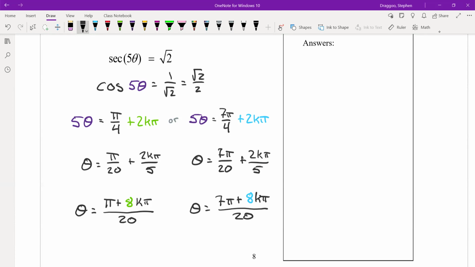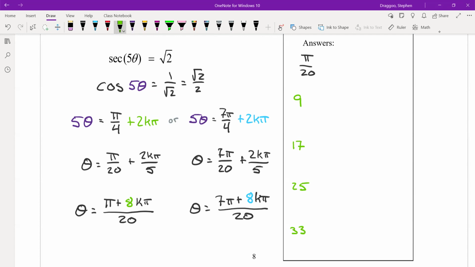I just need to generate the first 5 solutions to each one. Starting from pi over 20 and counting by 8s: 1 pi plus 8 pi is 9 pi over 20. Count by 8 again to get 17, plus 8 again is 25, plus 8 again is 33.